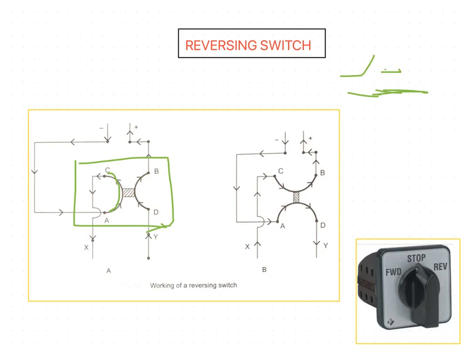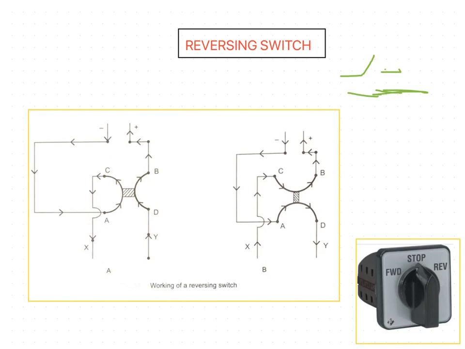These contacts are fixed, but the strips can be rotated. Here you can see the contacts A, B, C and D are fixed, but the strips are able to rotate through a quarter of a circle by turning a knob.